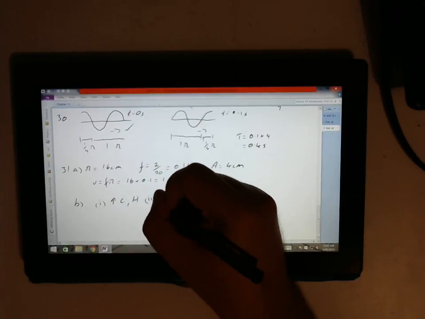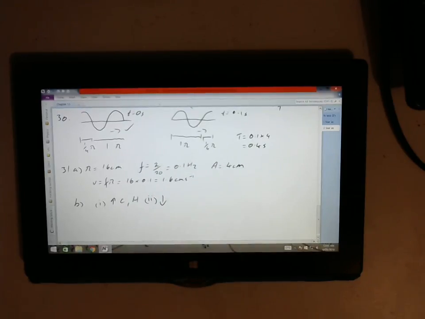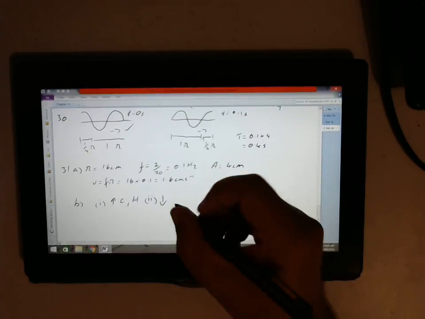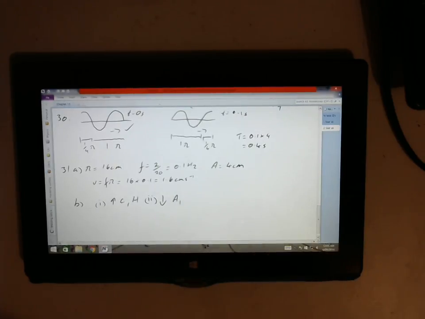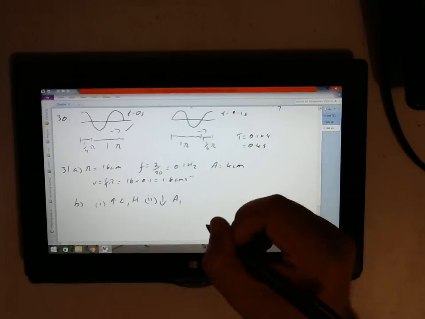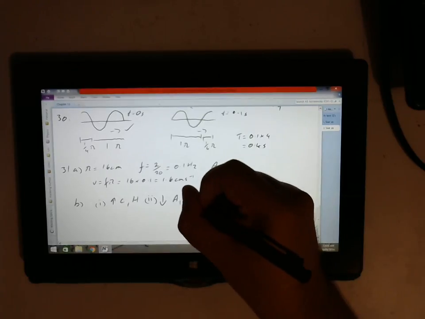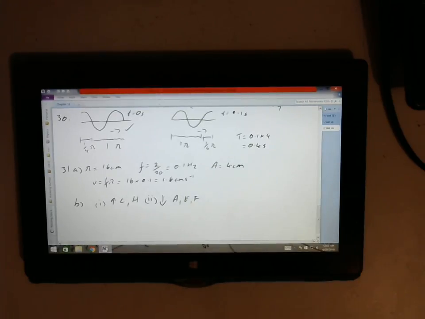2. Which ones are going downwards? I believe I said A was going down before, because it's just come from an upwards position. E will have to as well, because it's one full wavelength away from A. And F will move downwards as well.